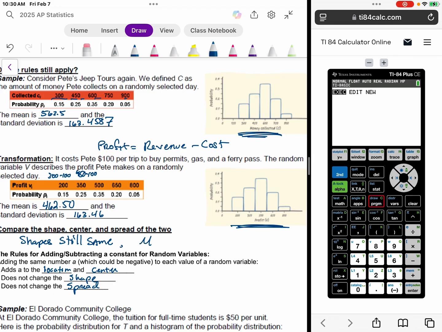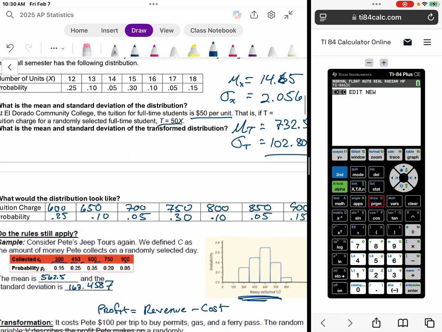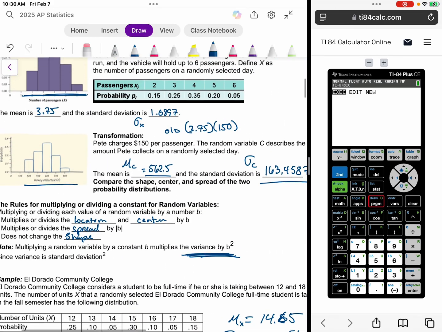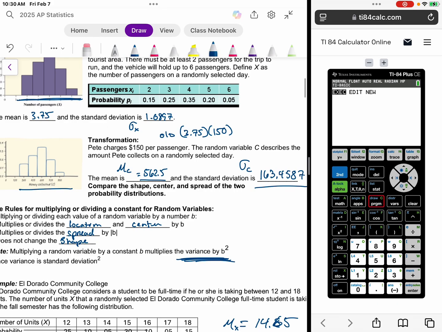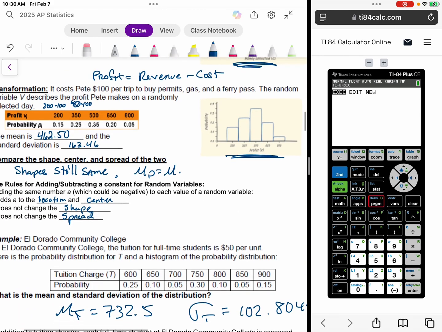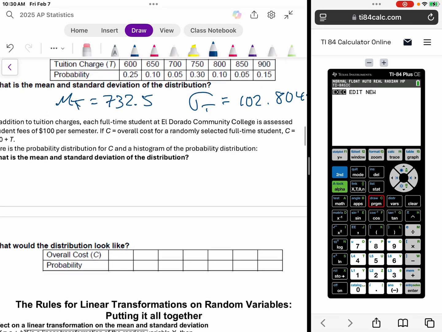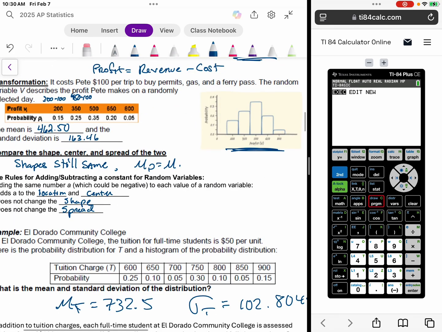The mean for profit was actually equal to the mean of our revenue. Do we have revenue defined with a subvariable? Collected. They use collected for the revenue. So the mean of collected minus 100.